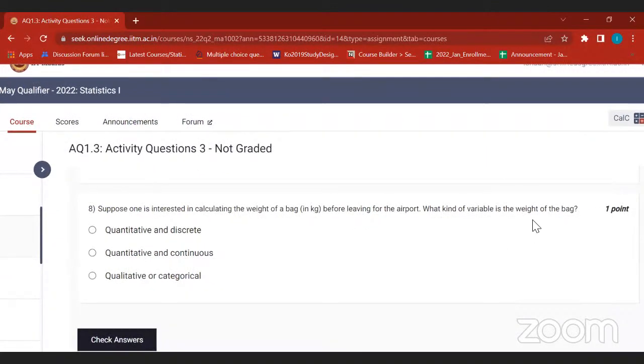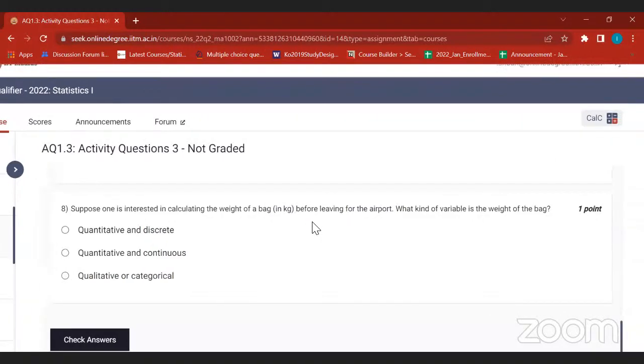Okay, so what should be the answer according to you? Sir, it can be quantitative and continuous, but I don't know the exact reason.